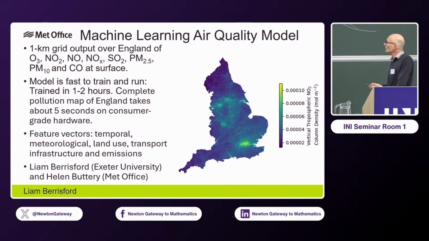It was a very fast model to train. It took only 1 to 2 hours, and then could complete a pollution map of England in just a few seconds on very ordinary platforms. The feature vectors used were meteorology, land use, transport infrastructure, and of course the emissions themselves. This was work done by Helen Buttery at the Met Office and Liam Beresford at Exeter University.